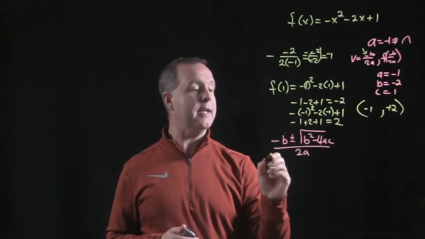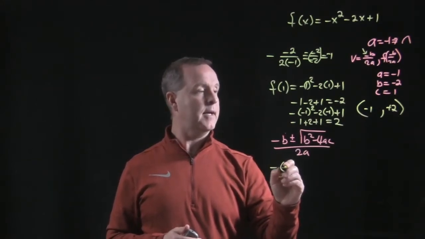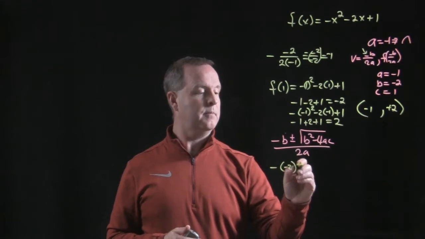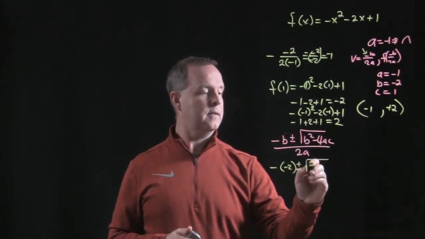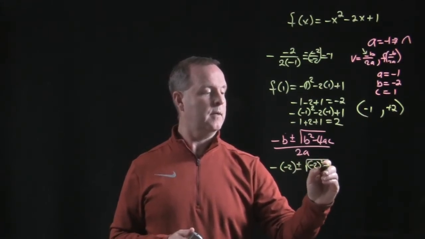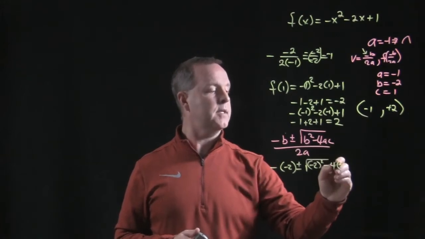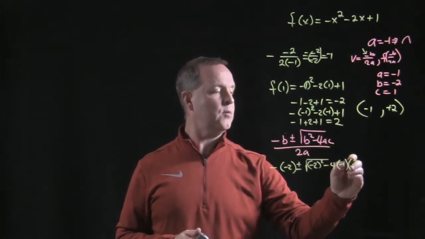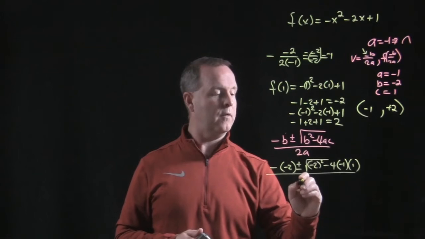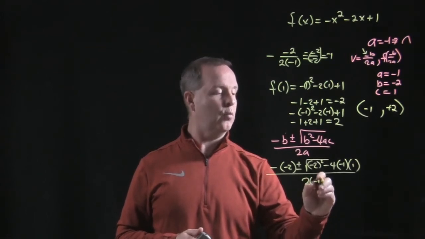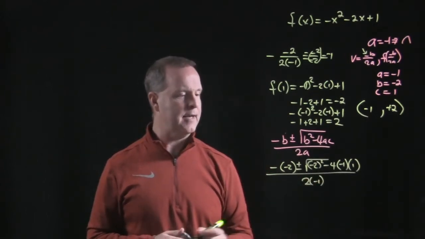So I have a -2 plus or minus the square root of -2 squared minus 4 times a, which is a -1, times c, which is a 1, all over 2 times a -1. And then let's clean that up a little bit.